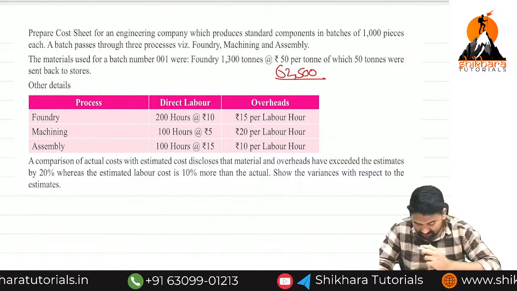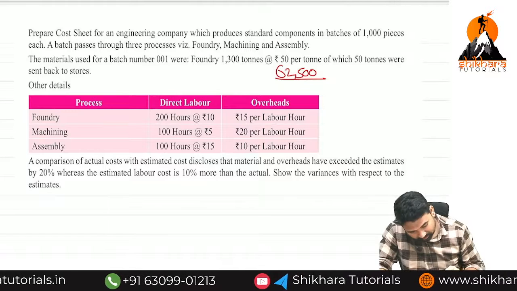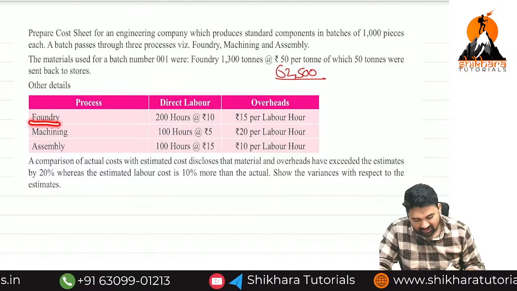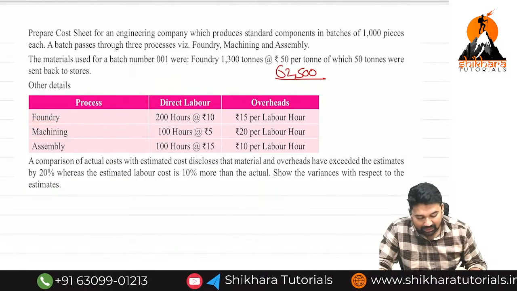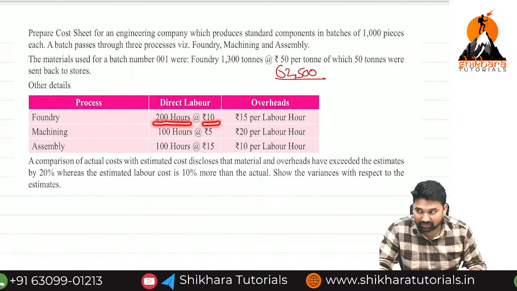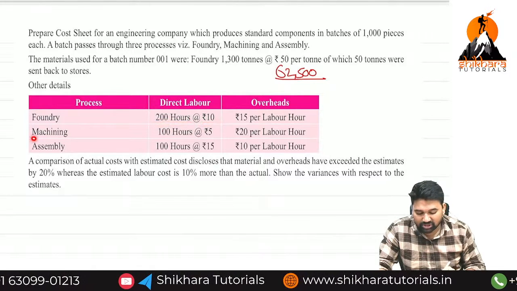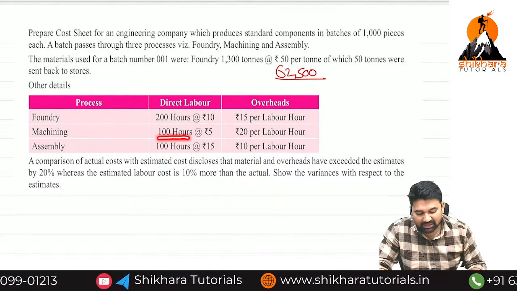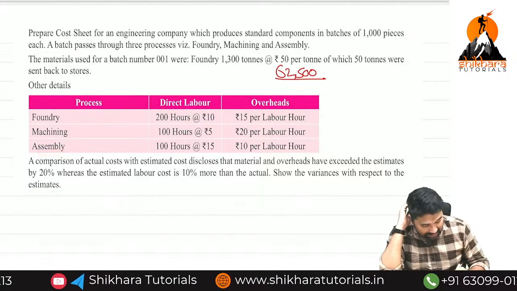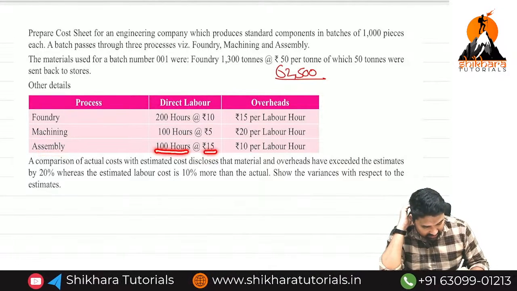And next, other details are as follows. Direct labor, how much? At foundry, direct labor is 200 hours at 10 rupees per hour. At machining, direct labor is 100 hours at 5 rupees per hour. At assembly, 100 hours is direct labor at 15 rupees per hour.